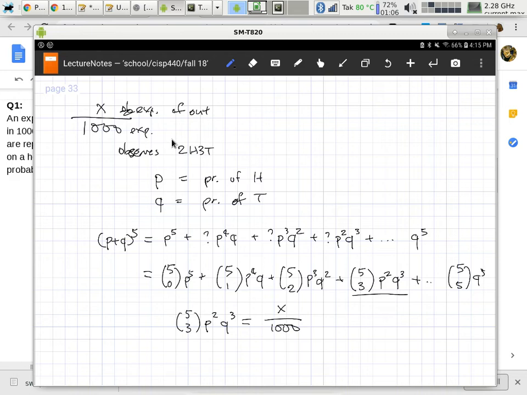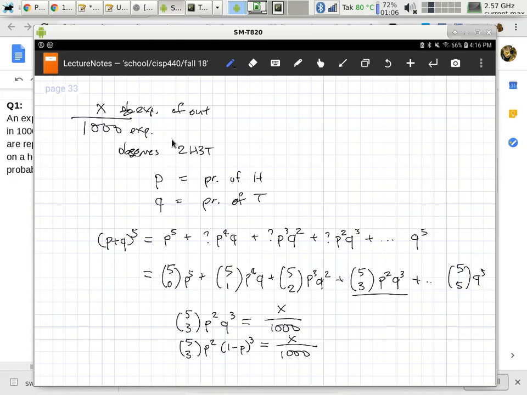So now since X is known, what we want to solve is either P or Q. They're basically flip sides of each other. So now what you need to do is to restate the problem as 5 choose 3 P squared times 1 minus P to the power of 3 equals X divided by 1,000, and we're just solving for P. If you get to this point, I'll give you full credit already because this class is not an algebra class.